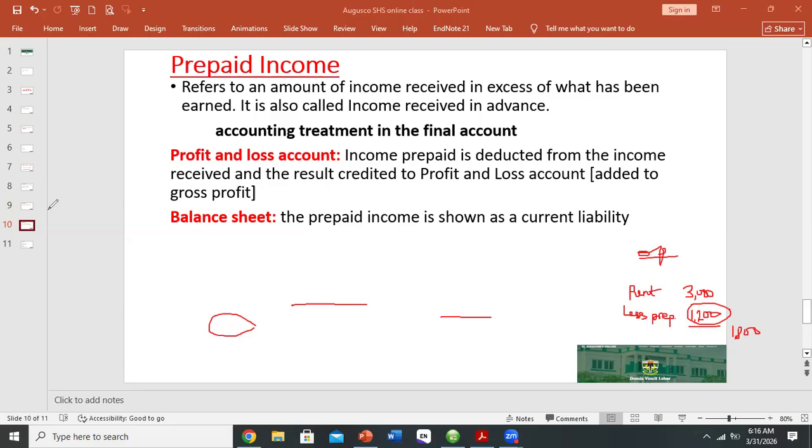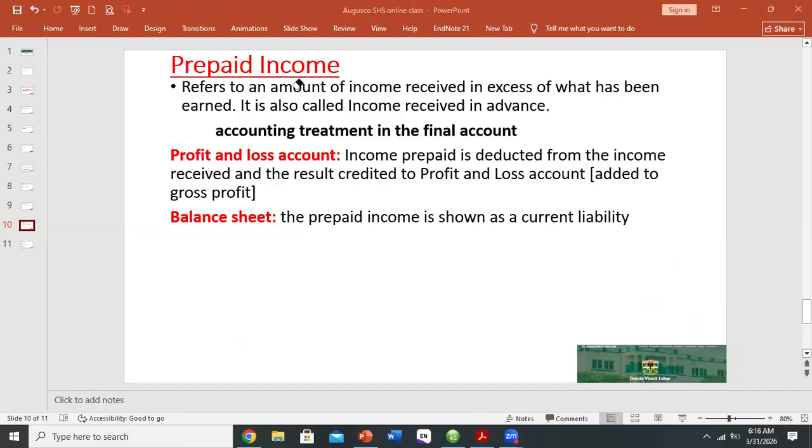So we are saying this income could be prepaid. What does it mean? It refers to an amount of income received in excess of what has been earned. It is called income received in advance. So here, the business is supposed to receive some inflows, but those inflows were in excess of how much the business was supposed to receive.